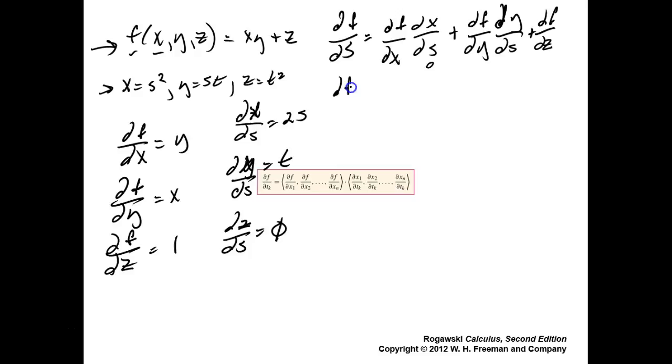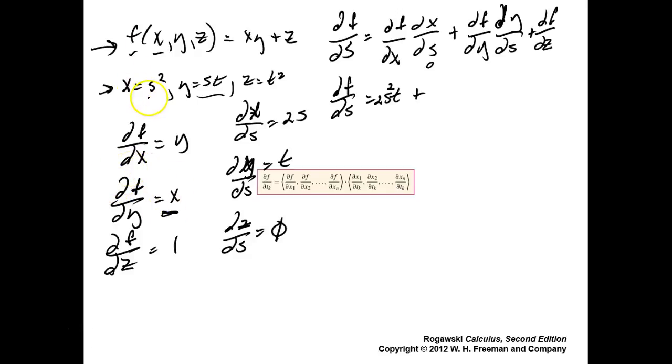The partial of f with respect to s is equal to y. Now we can write down what y is. That is st times the partial of x with respect to s, and that's 2s. So it's 2s squared t plus partial of f with respect to y is x.